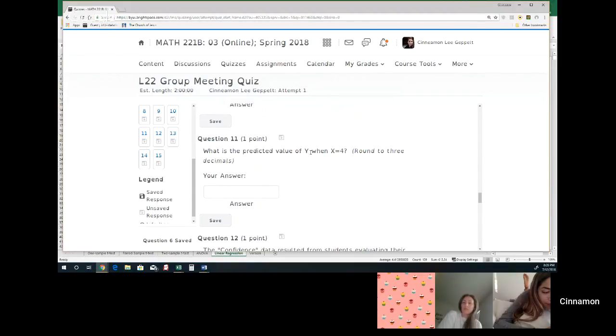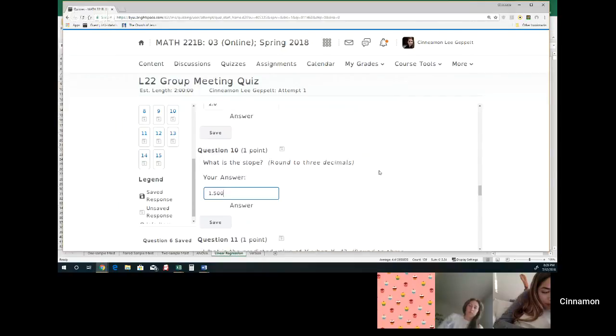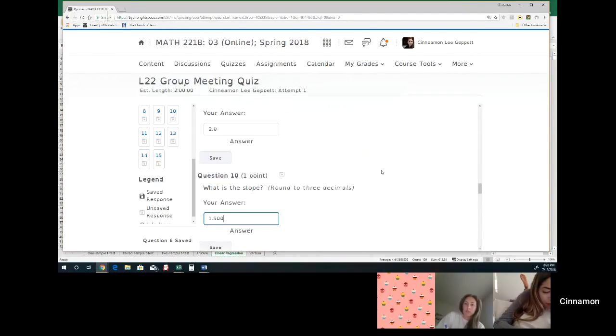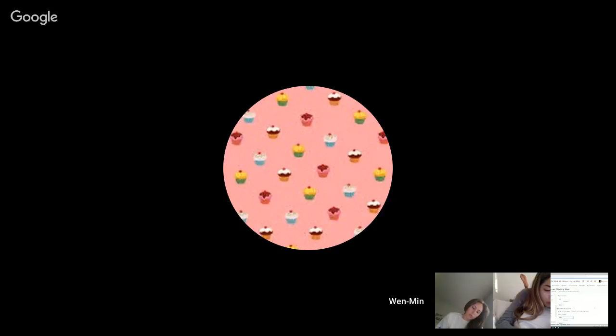What is the predicted value of y when x is 4? So it's kind of like that same equation we had earlier. So we're basically doing, what's the equation? 2 plus 1.5 times 4, right? Yeah. So 8?